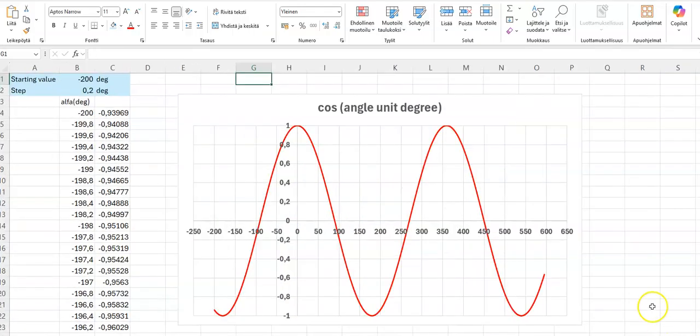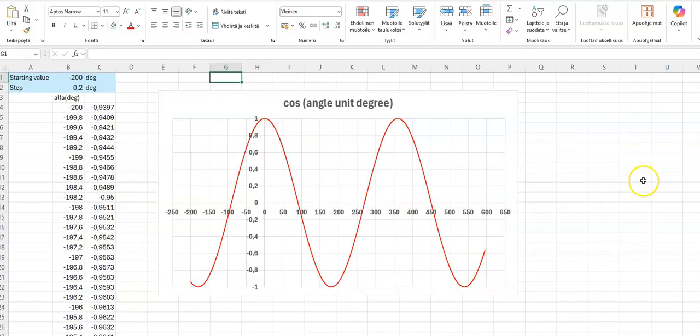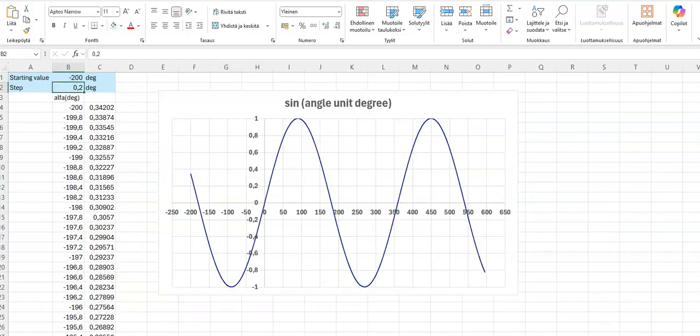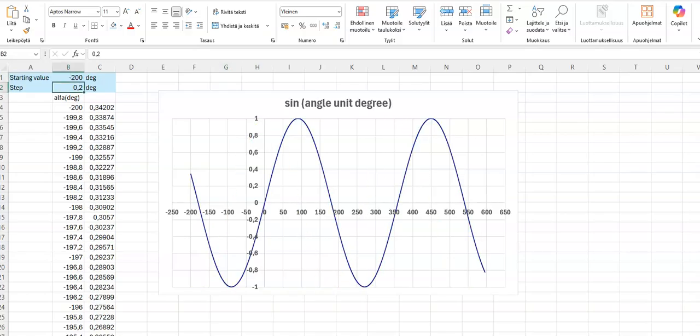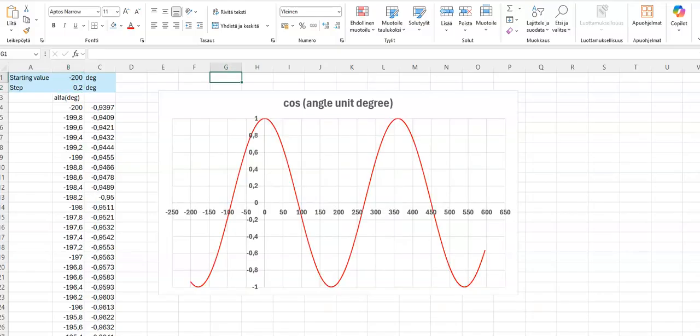I will take the same zoom percentage there. Now probably we can see better. It is the same figure, but it is in a different place. So they look similar, but they are in a different phase. The cosine curve is a little bit to the right or to the left from the sine curve.